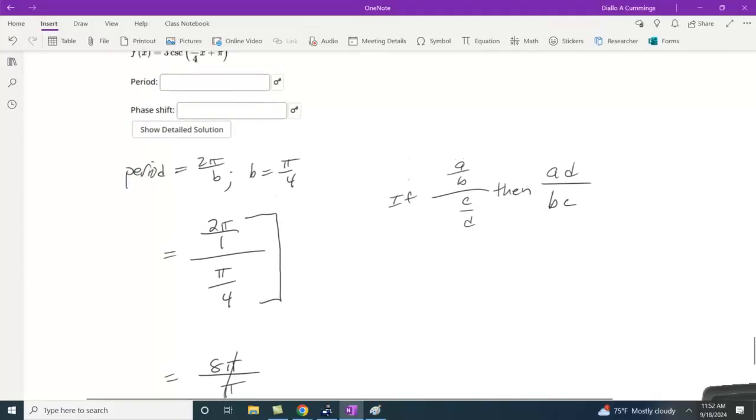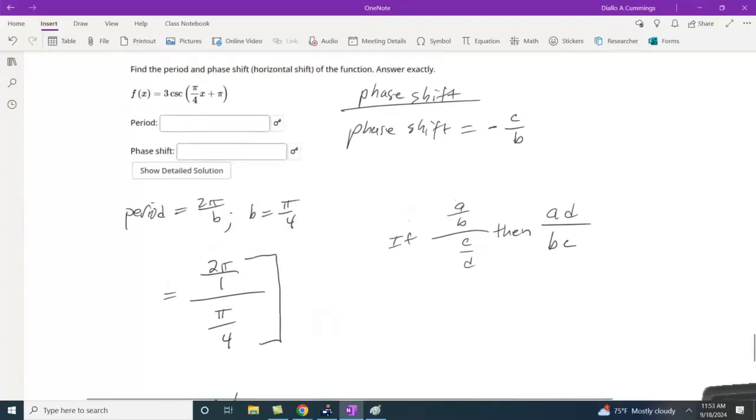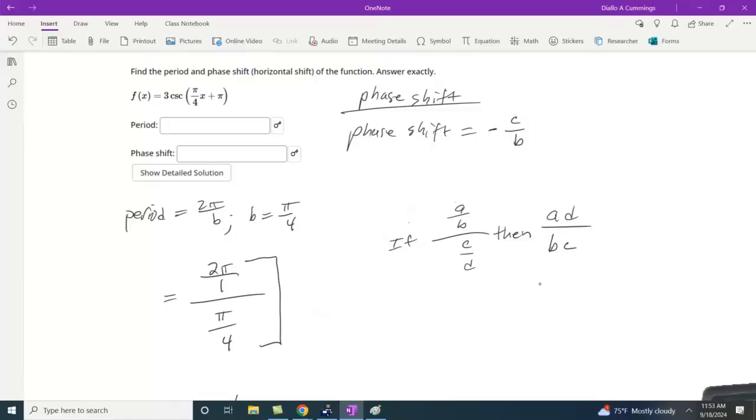We're also asked to find the phase shift. So the phase shift is equal to negative c over b. And if I align that to my problem, c is going to be pi.